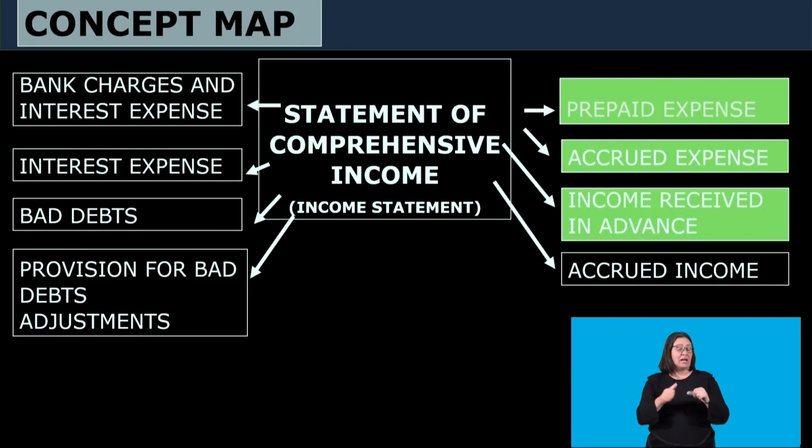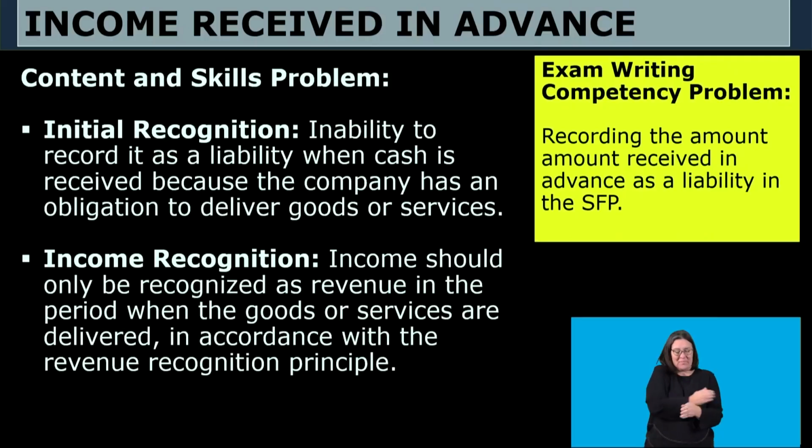The next one that I'm going to do is income received in advance. Now, with income received in advance, one of the challenges that you may face is inability to record it as a liability because you're thinking it is income.